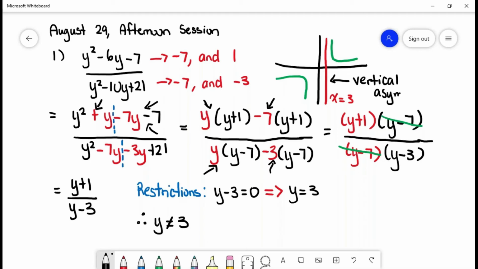So it's essentially just a line on the graph, in this case a vertical line, which would never ever be touched by our graph. And that's exactly what it would mean in real life application. So now that we've established this, we can move on to doing another problem.